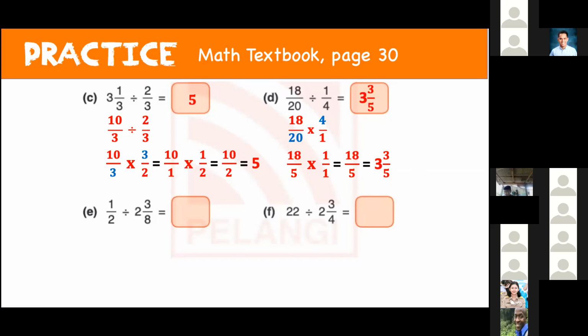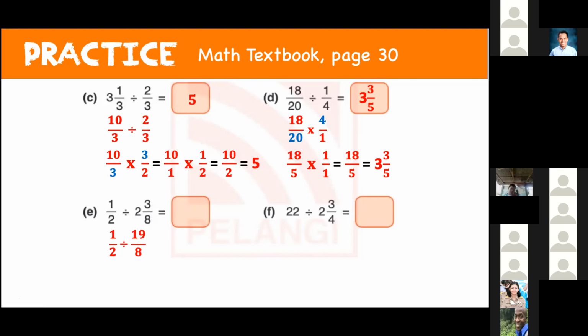Now, letter E. For letter E, it's like this. 1/2, copy. 2 and 3/8, the improper. 8 times 2 plus 3. 8 times 2 is 16 plus 3, 19. So you will write 1/2 divided by 19/8.